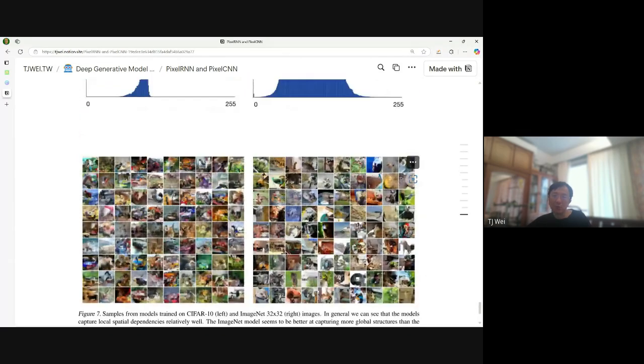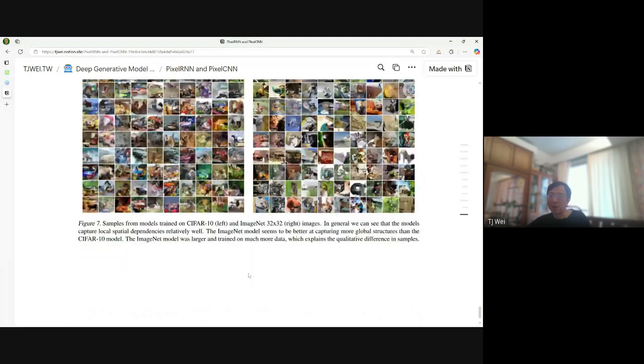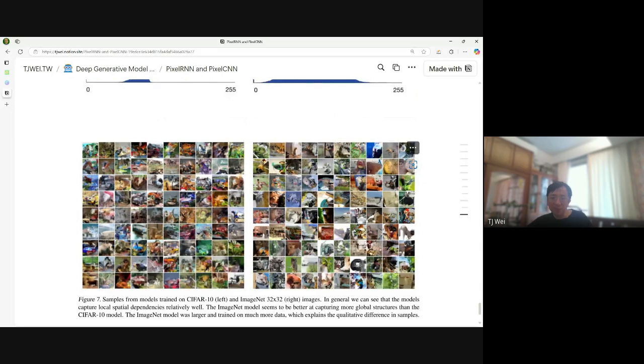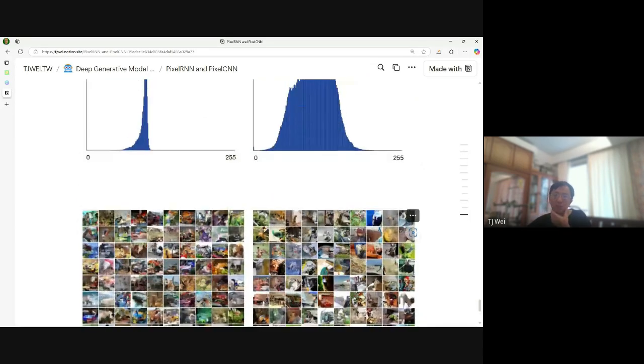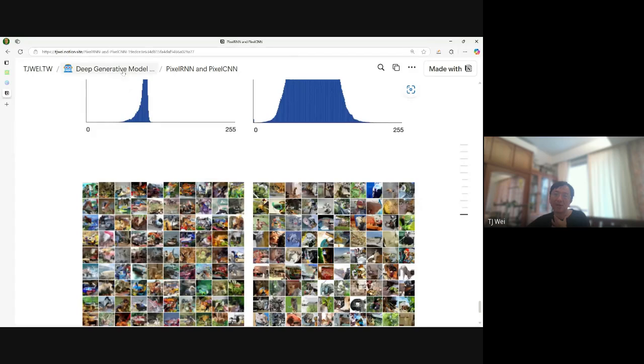And here are some sample results of the images generated by the Pixel CNN and the Pixel RNN applied to the CIFAR-10 dataset.